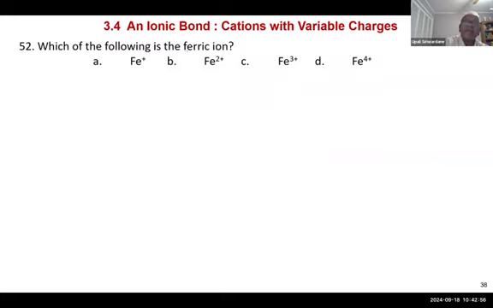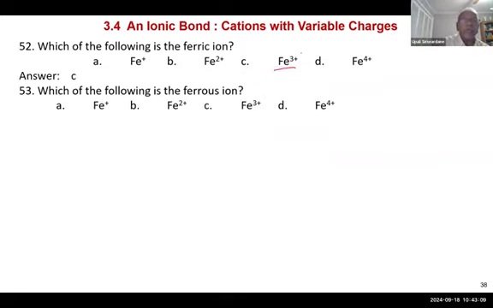Which one is the ferric ion? Iron could have 3 plus, 2 plus. C is the correct answer. Okay. Which one of the following is the ferrous ion? 2 plus. That's correct.